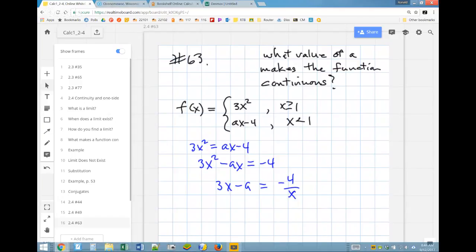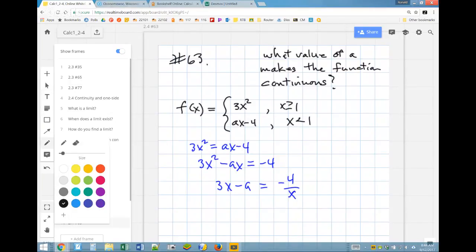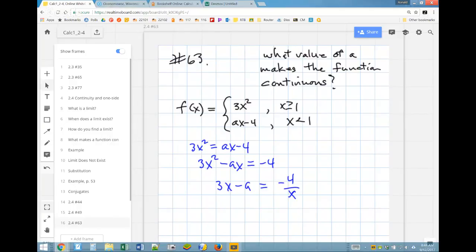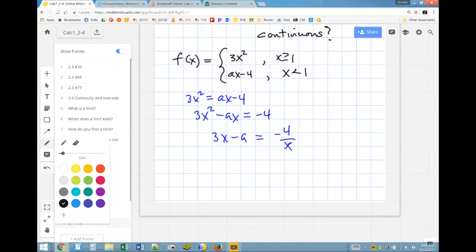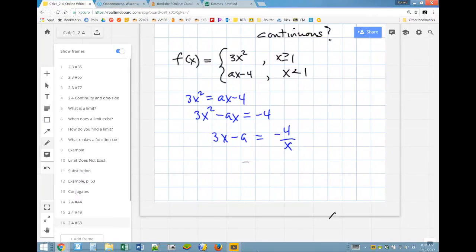So the last step here would be just to continue. Let me move this up a little bit. You can continue this and say negative a equals -4 over x minus 3x, and then multiply both sides by -1.